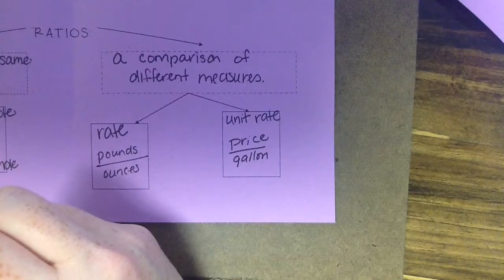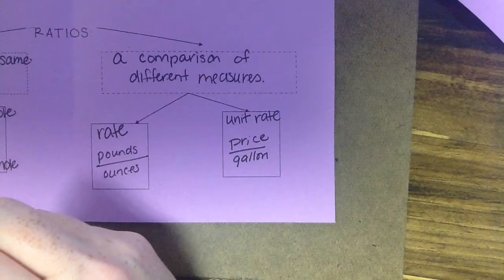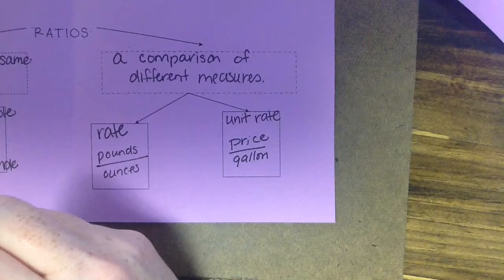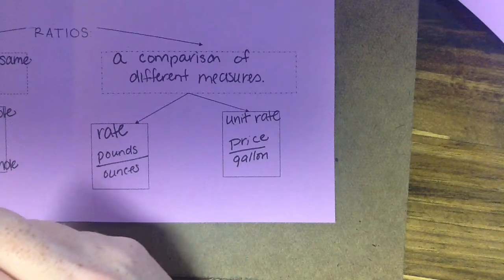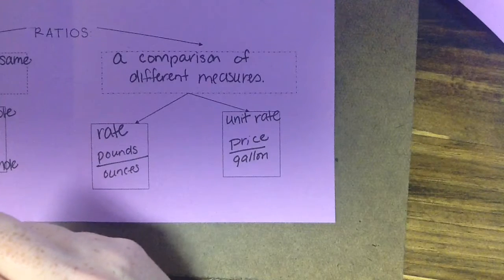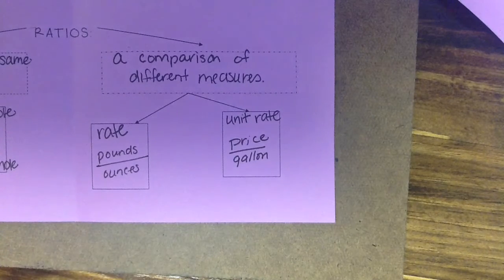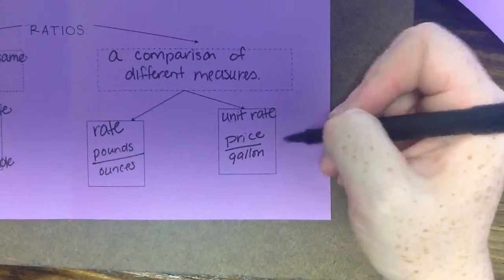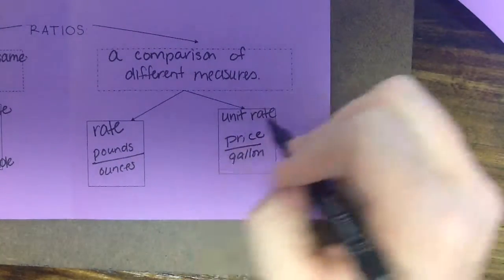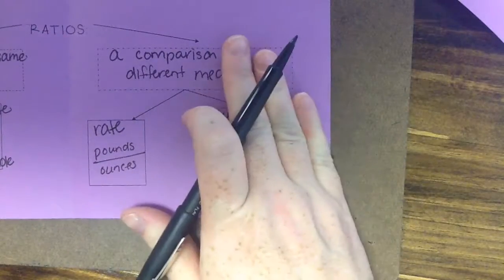It's the same price before and throughout your purchase. So like the price per gallon is $2.49 a gallon. So for 1 gallon it's $2.49. For 1.5 gallons, it's half of another gallon added to your price for the first gallon. So that's a unit rate. It's per one. Okay, so that's going to fill that out.